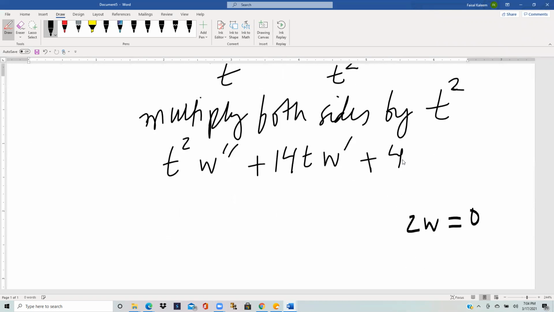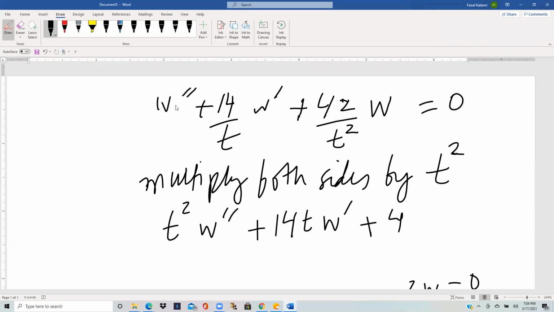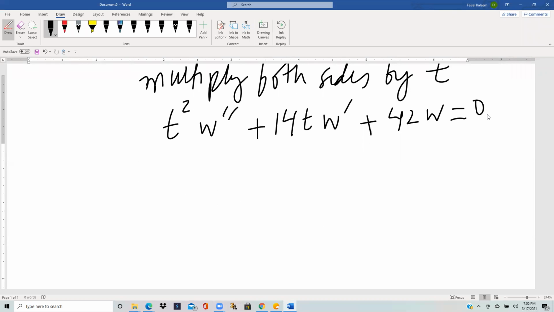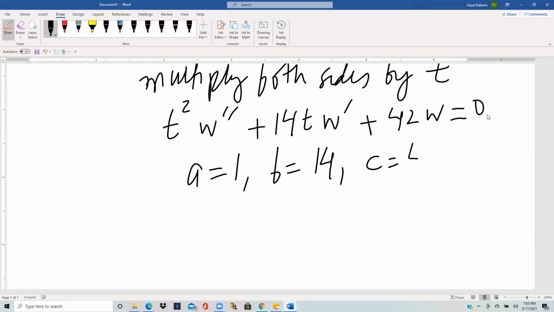And so here a is equal to 1, b is 14, c is 42, and then you proceed as before.